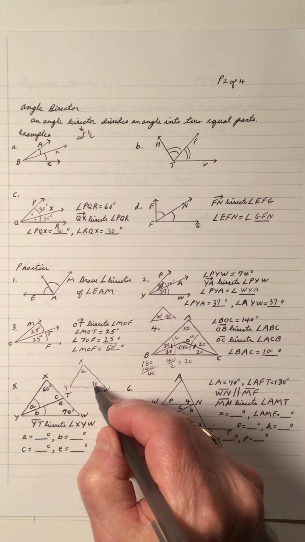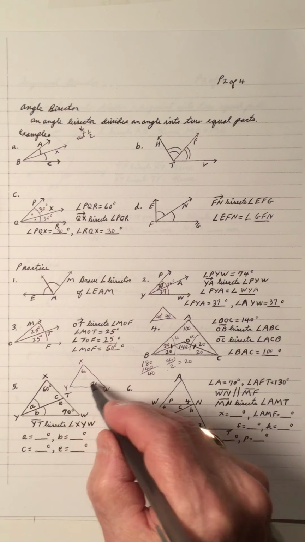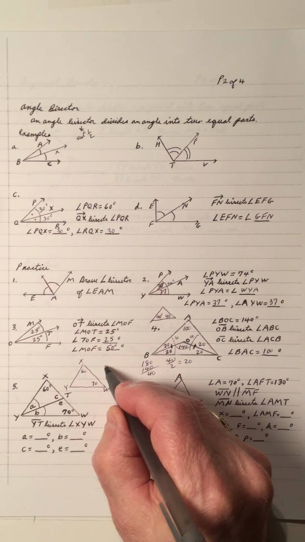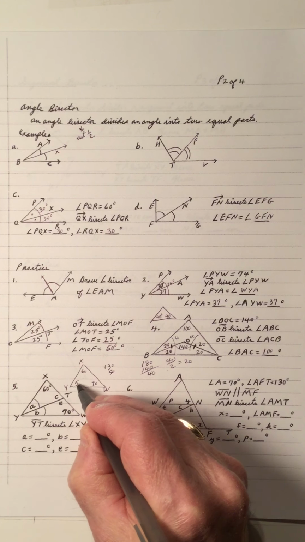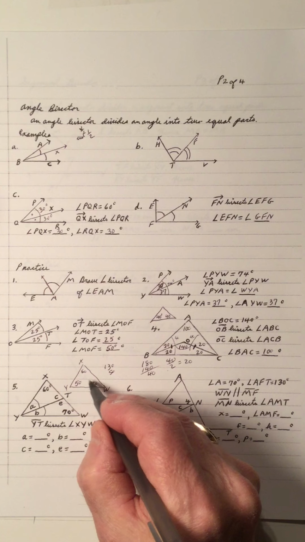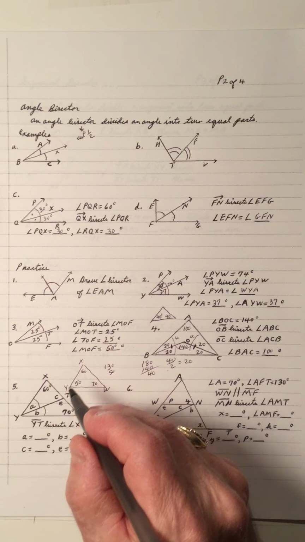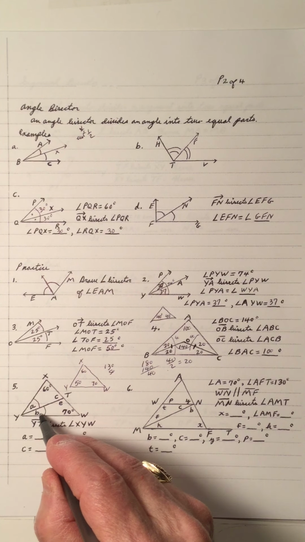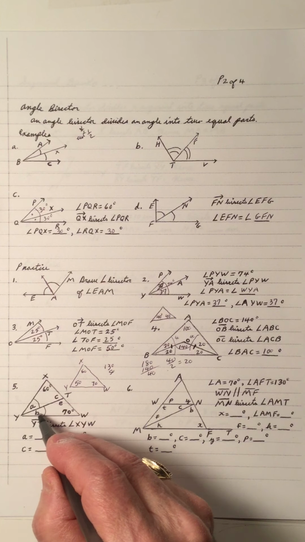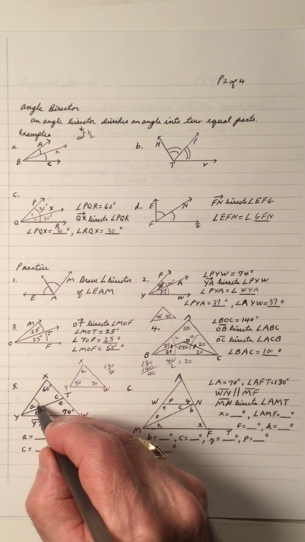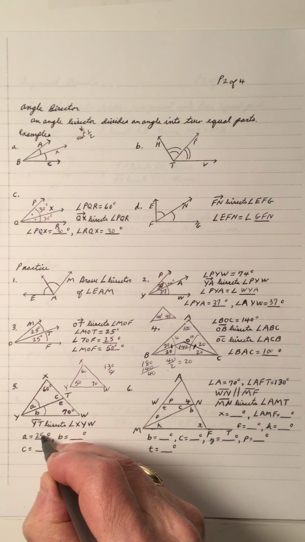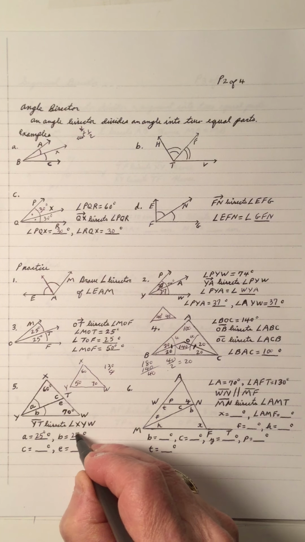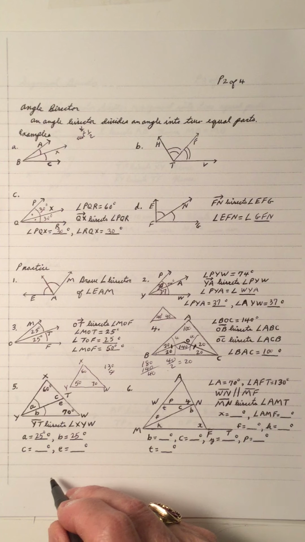If I've got a 60 and a 70 here, that means this angle is 130, so angle Y is a 50, because these two angles, 130 plus 50, make 180. So A and B add up to 50. But they're equal, so A and B are both 25 degrees each. You've got to split it, cut it in half, divide by 2.